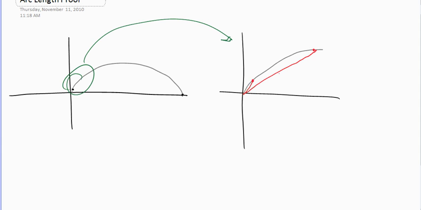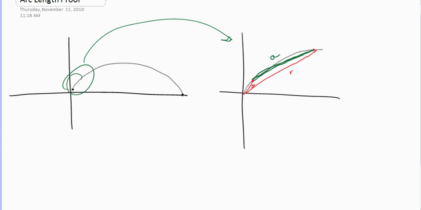We're going to pretend that this is an extremely small change in theta. So the distance we're going to find is going to be represented by this green line right here, which we're going to call A.